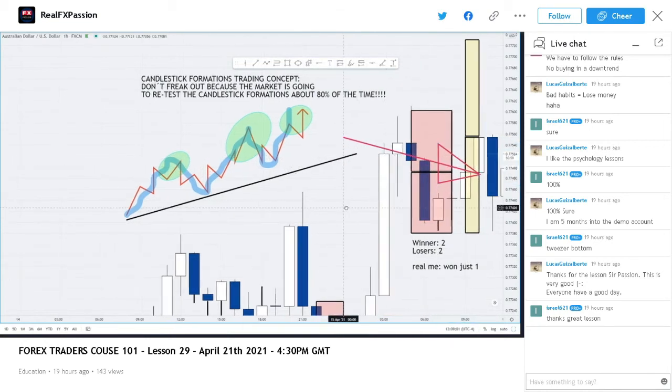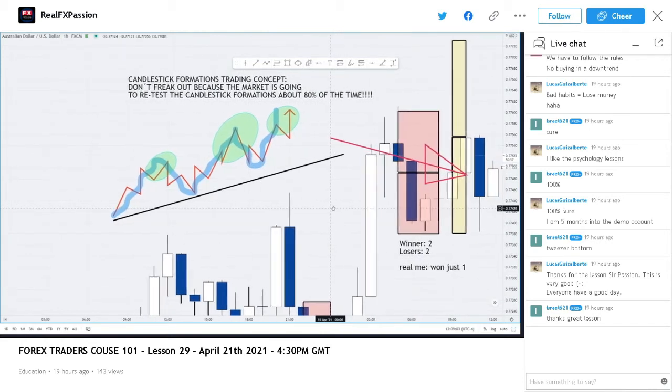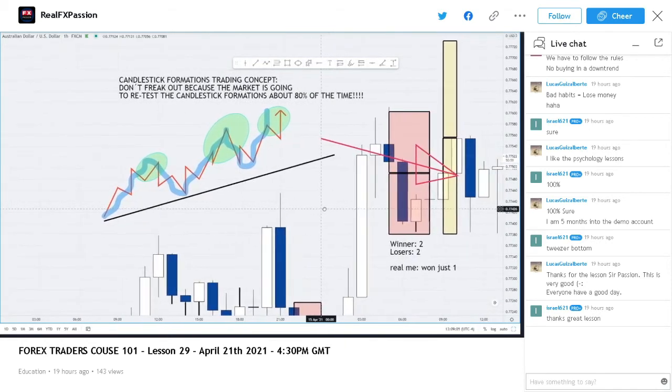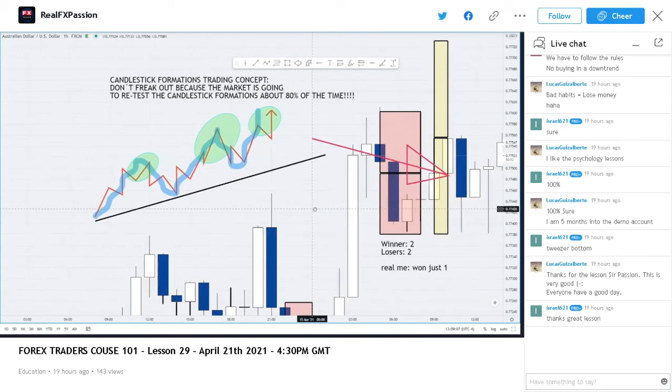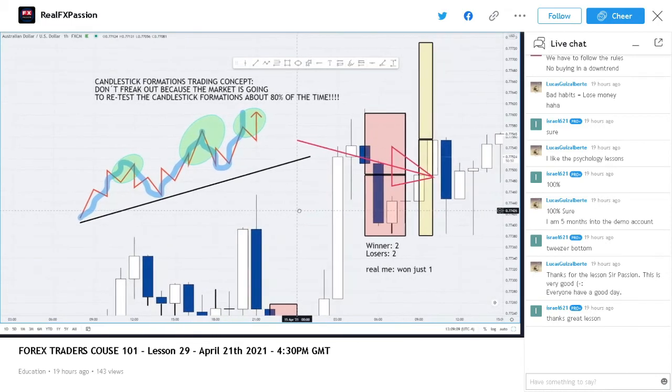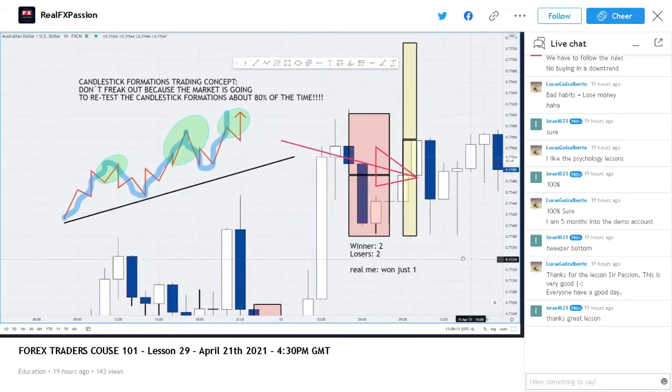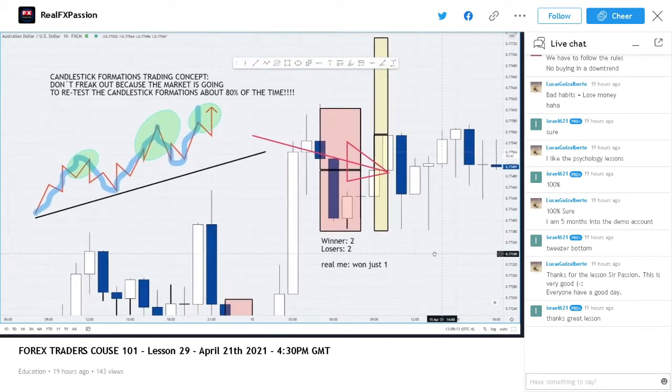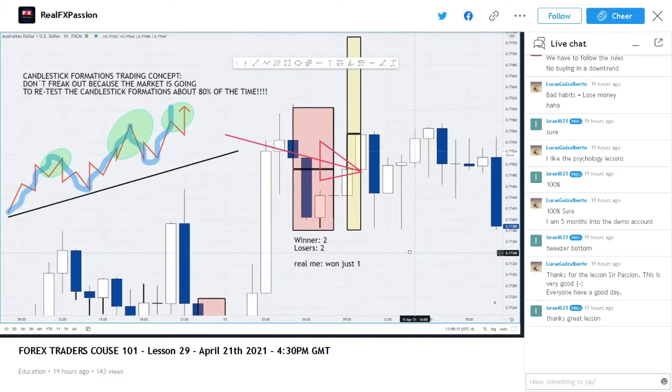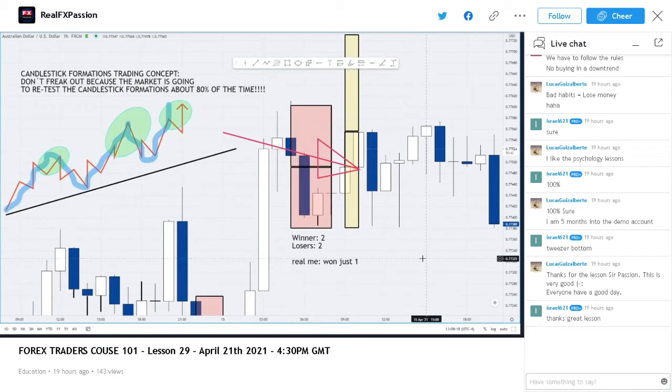Next candle, bullish. Almost hit the stop loss. Bullish, bullish, bearish, bearish, non-decision, bearish, sideways. Whoop. What about now? Arman and Israel, do you want to get out?